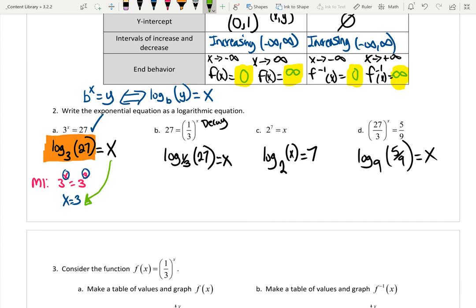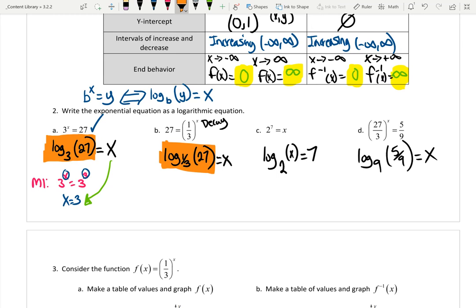Now, let's look at b. 27 is equal to a fraction to an x. So immediately, I'm like, I don't know how to solve that. So I change it, and in this instance, the log base 1/3 of 27 can be inputted into a calculator, and it will tell you how many times 27 can be divided by 1/3.